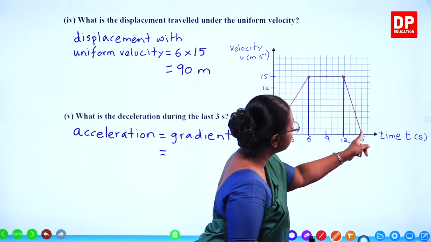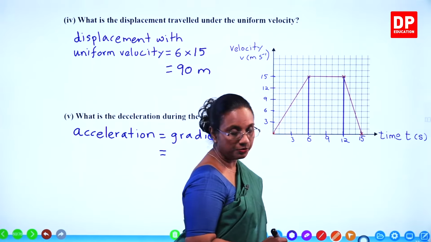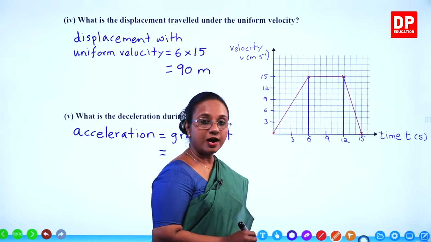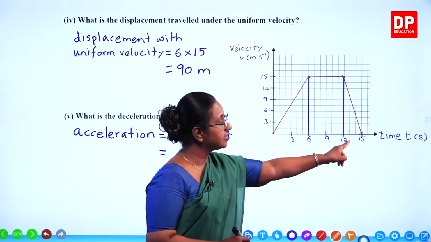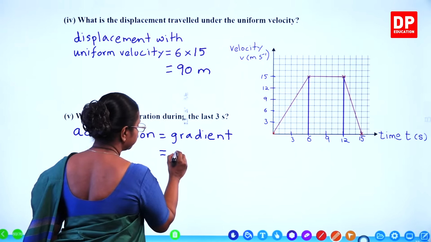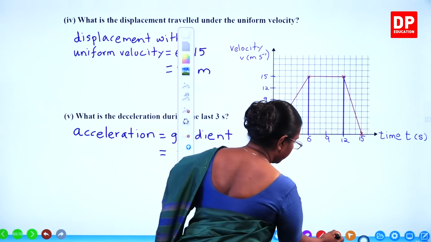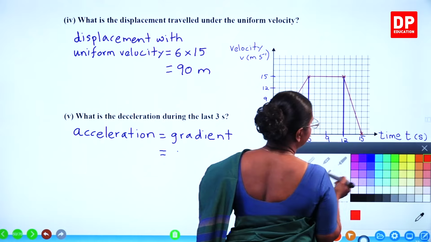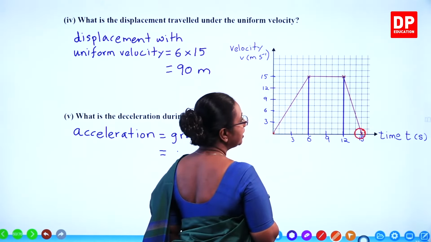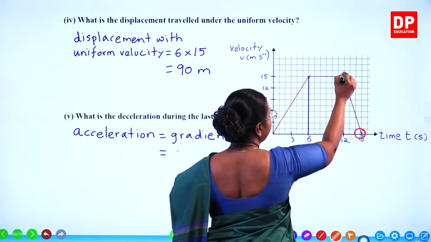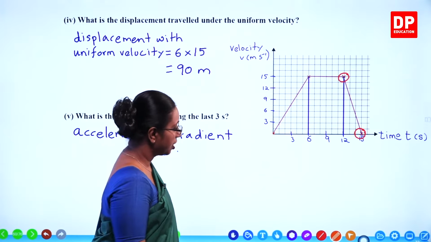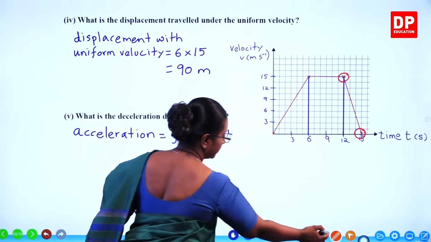So here this is the final value, right? So we will have to consider this point where the value of y is 0. We will mark the 2 points. This is the final coordinate that we are going to take, and this is the initial coordinate we are going to use.